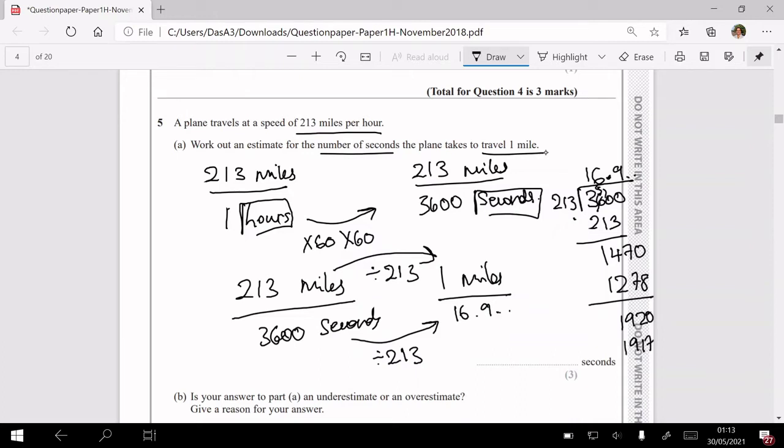So it goes dot dot dot, but you don't really want that. You don't want to be that specific because this is a non-calculator paper, so it can be to 1 decimal place. So somewhere here, remainder of 3. So it's about 16.9, but you want it to be a number of seconds, so you can pretty much just round it to 17 seconds.